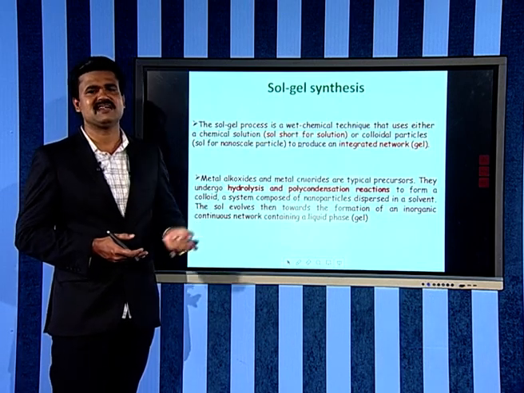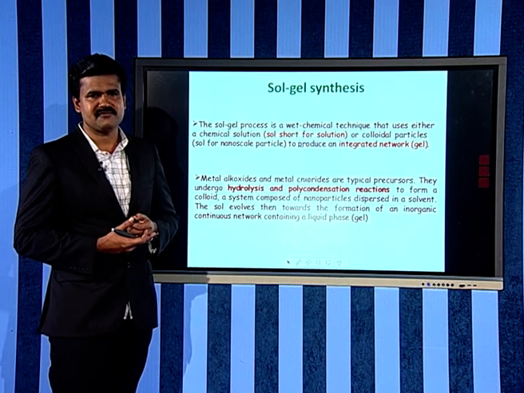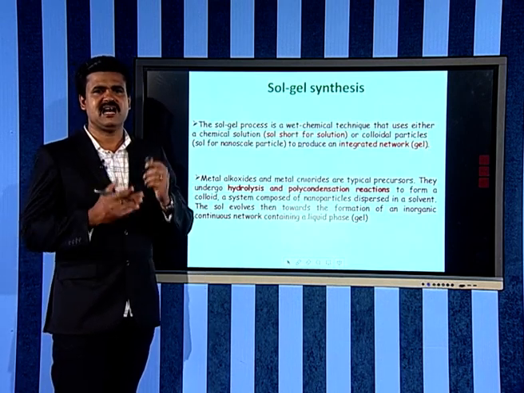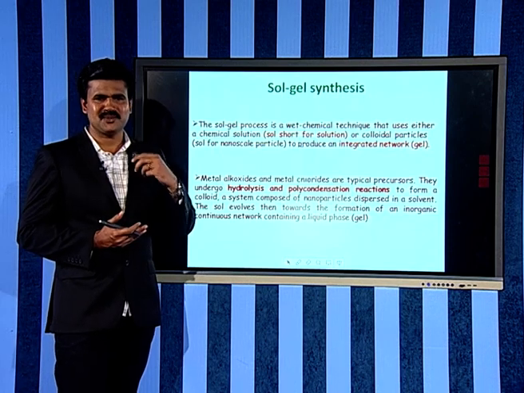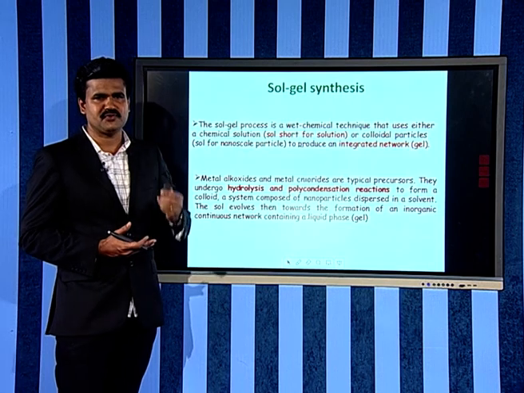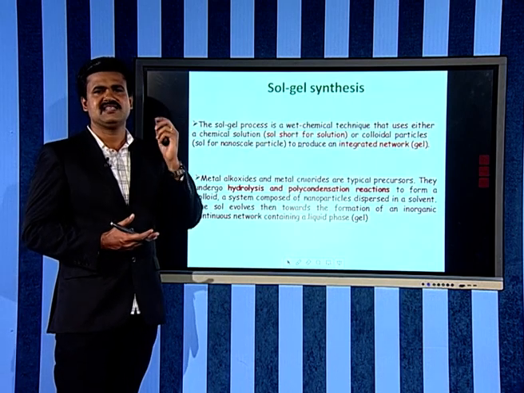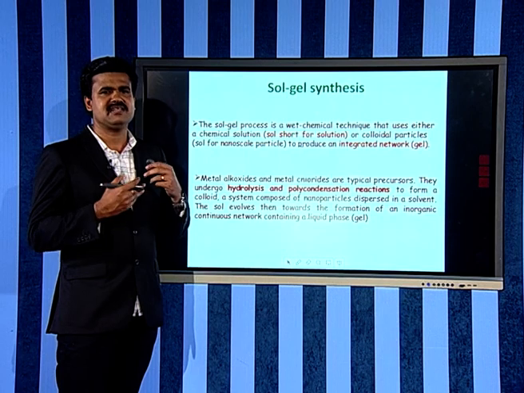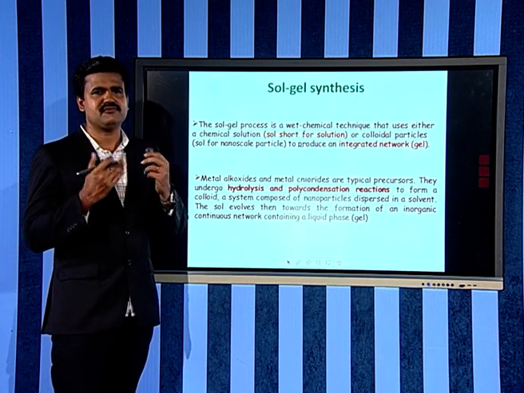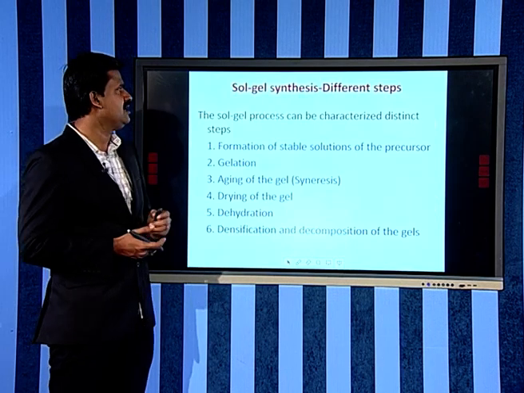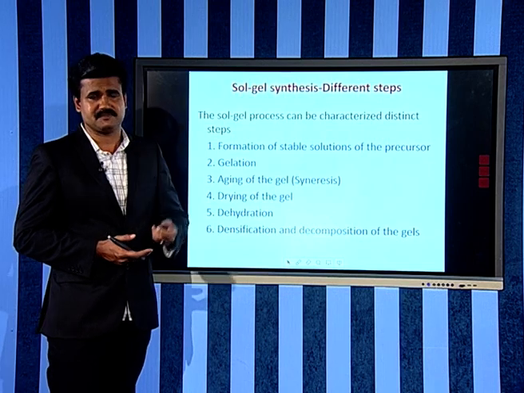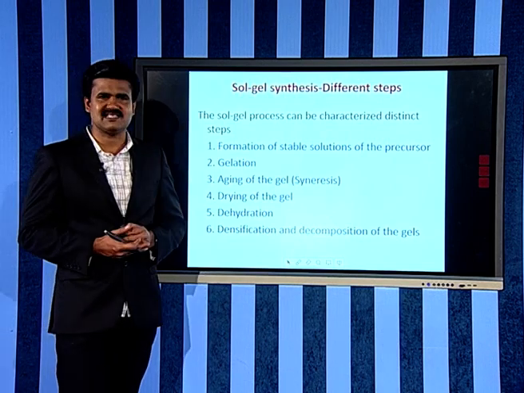For example, silica nanoparticles can be prepared from tetraethyl orthosilicate, that is a metal alkoxide, and these precursors undergo hydrolysis and polycondensation reaction to form a colloidal system. That system assembles and finally converts to a gel phase. There are different steps accompanying the sol-gel synthesis.